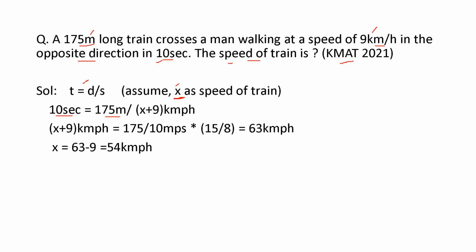And the speed is x plus 9 kilometers per hour, where x is the speed of the train and 9 is the speed of the man. You have to find the value of x. So x plus 9 kilometers per hour is equal to 175 divided by 10 meters per second.